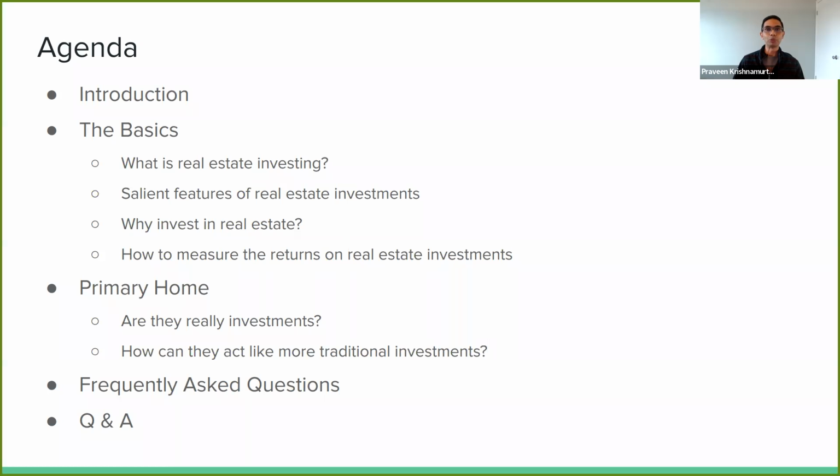We'll view that in terms of whether they are really real estate investments or not, and how they differ. Then we'll move on to some frequently asked questions that I get about real estate investments and home purchase. And then we'll open it up for Q&A.